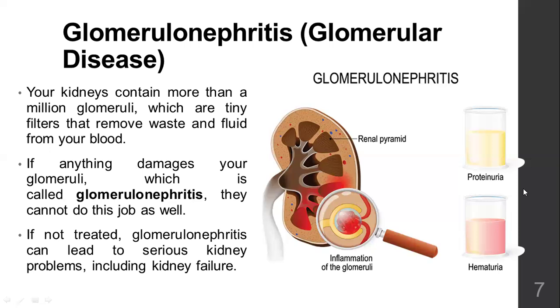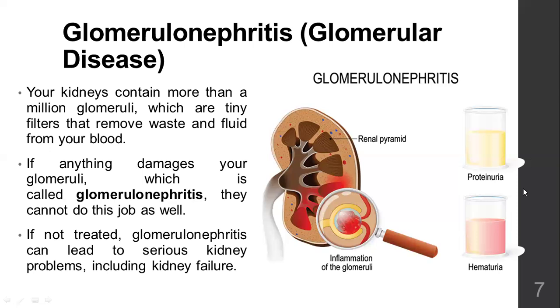So if there is any damage at this glomerular level, your filtration is down. GFR, glomerular filtration rate, will be down. And if it is not treated, again, it will lead to serious kidney problems, kidney failure, death as well.